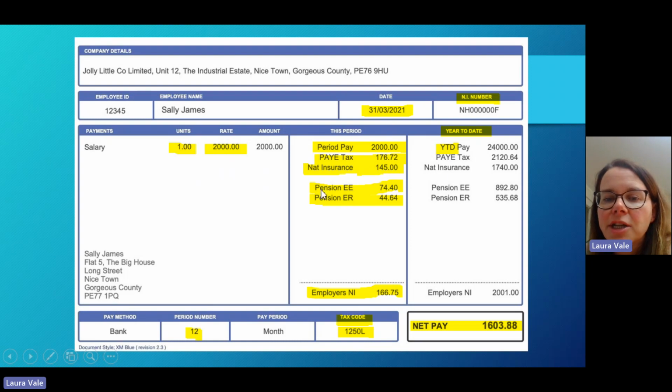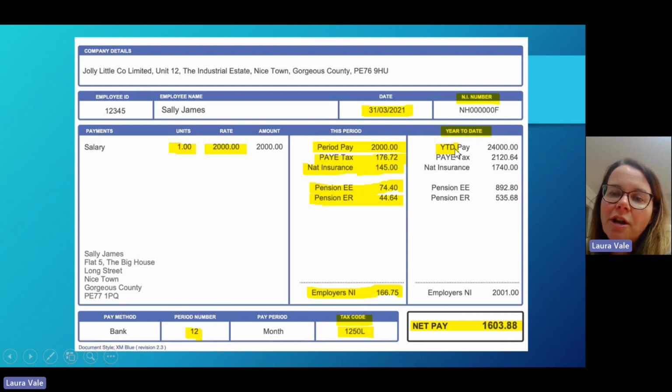We've got the pension of the employee, £74.40. So we just do a quick sum. So 2,000, take away 176.72, take away 145, take away £74.40 should give us our net pay figure, £1,603.88. So that's what Sally here can expect in her pay packet.